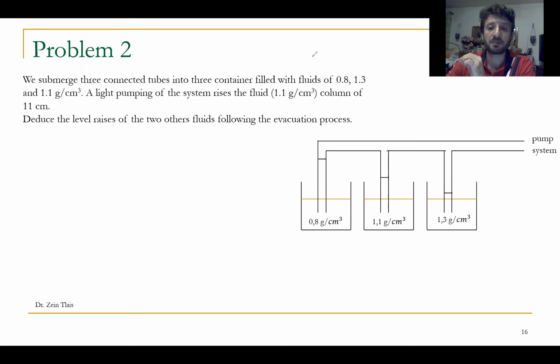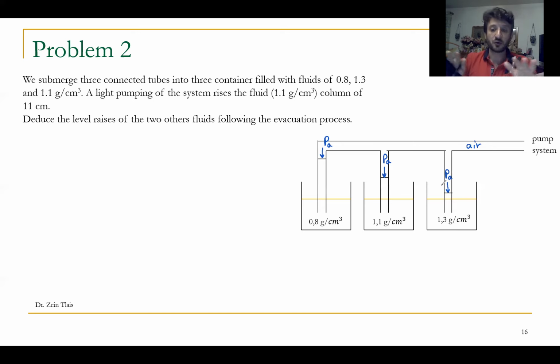We are pumping air inside the tube, and we have a constant value of air pressure inside the tube. So we have a pressure P equal to P equal to P. We can say here we have PA, and PA and PA, these values are equal.